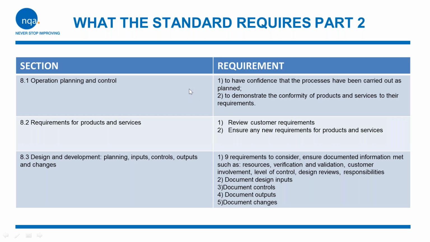For requirements for products and services, you'll already be doing this in some way, shape or form. So reviewing customer requirements, ensure any new requirements for products and services. If we put that into more relatable language, if you are taking website orders, you'll have a traceability of this. The system will actually manage it for you itself.